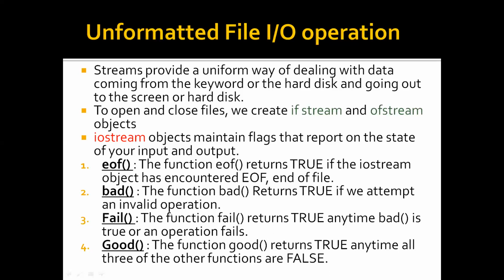Next one is fail. The function fail returns true anytime bad is true or any operation fails. Whenever bad becomes true, the fail flag also becomes true, because the operation has failed. And the last flag we have is good.